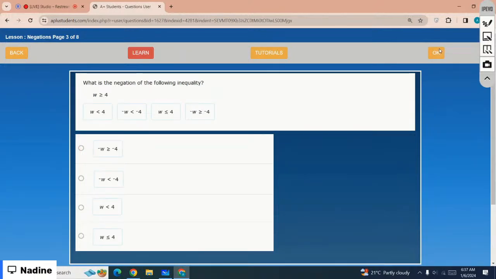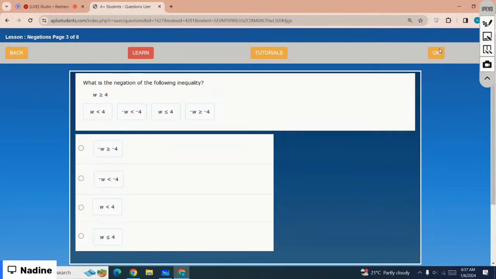What is the negation of the following inequality? Which is the correct option? W is greater than or equal to 4, right? Negation means you need to add a not.